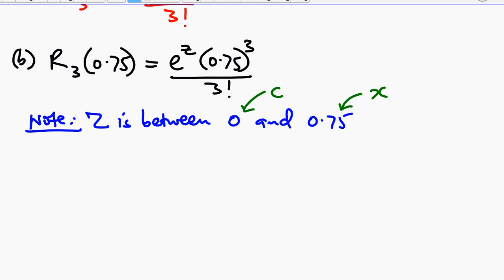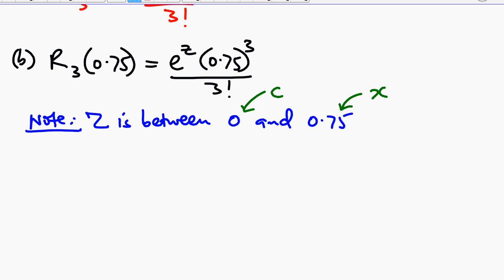Now, by inspection, there will be a larger error if z is equal to 0.75, because remember z is between 0 and 0.75. What you're interested in here is to find the magnitude of the error, right? So what will be the error at most? There will be a higher error because if you plug in, for example, 0 in place of z, then you'll have e to power 0, which is 1, and you'll have a lower amount of error. If you plug in something like 0.5, that will be in between.